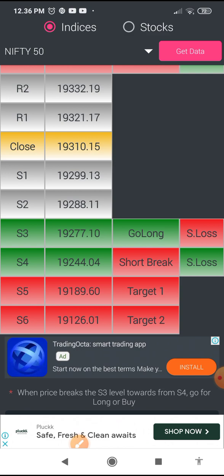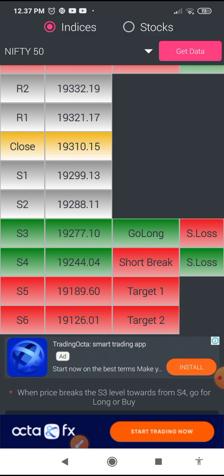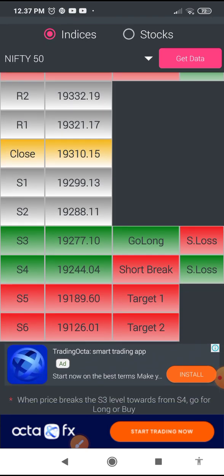If you are taking multiple lots, you can square some of the lots between S4 and S5, at the midpoint between them. Or if your analysis is that the downward trend is strong, then you can wait till S5 or till S6. Okay, so this is how you will make use of the Camarilla levels.